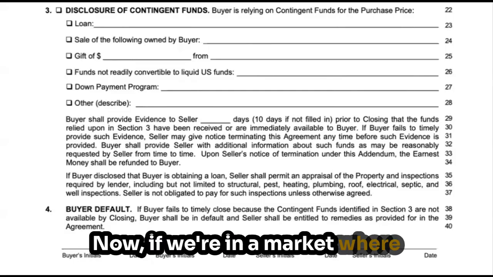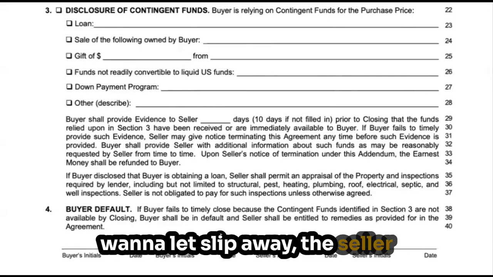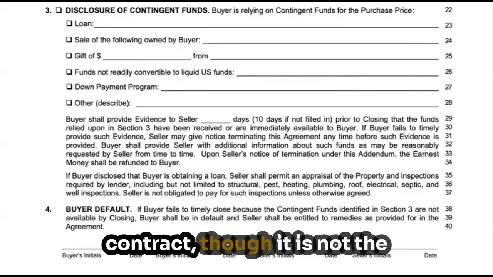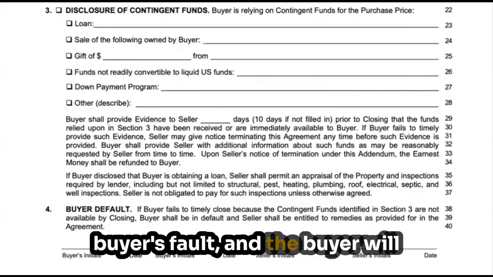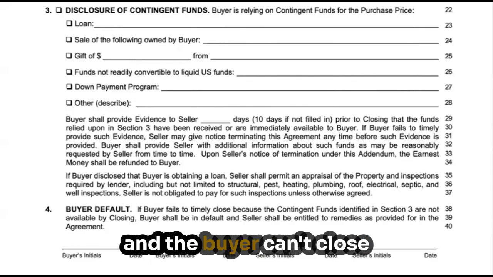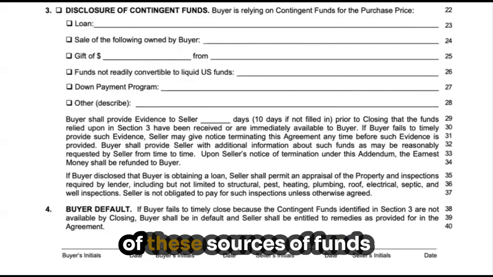Now, if we're in a market where the seller has other offers coming in that they don't want to let slip away, the seller can terminate the contract. If the seller terminates the contract, though, it is not the buyer's fault and the buyer will retain the earnest money.